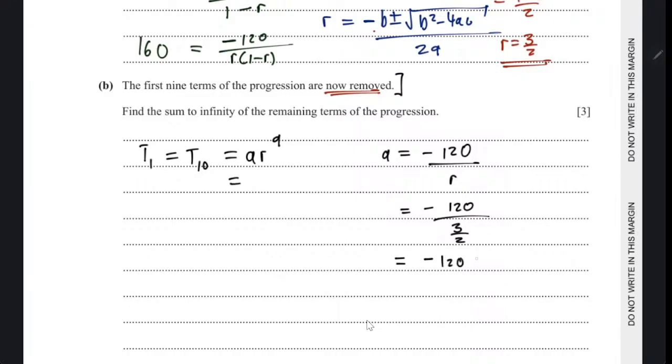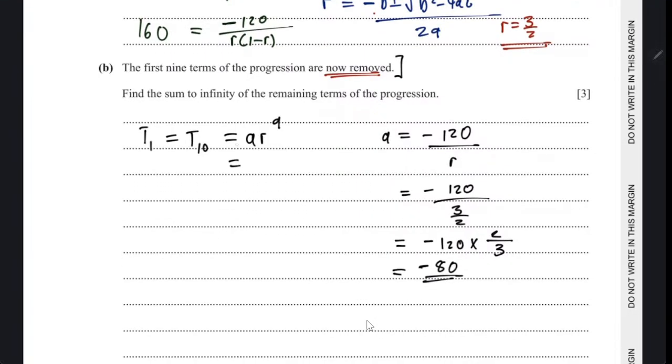So it's negative 120 times 2 over 3, which is 240 divided by 3, becomes negative 80. So our A is negative 80. So we can now say negative 80 multiplying R, which is 3 over 2 to the power of 9, because it's the same progression. So what is it? You punch this, let's see.